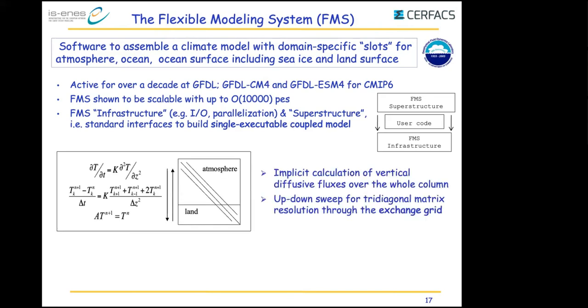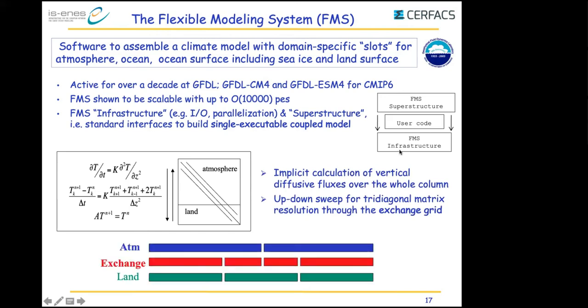What is nice about FMS is that it allows an implicit calculation of the vertical diffusive flux over the whole column. As I presented earlier, this is the diffusion equation, and you can solve this from the top of the atmosphere to the land, even if the atmosphere and the land do not share the same grid. To do this, they define the concept of an exchange grid.